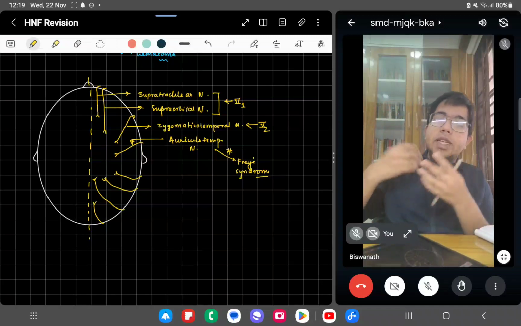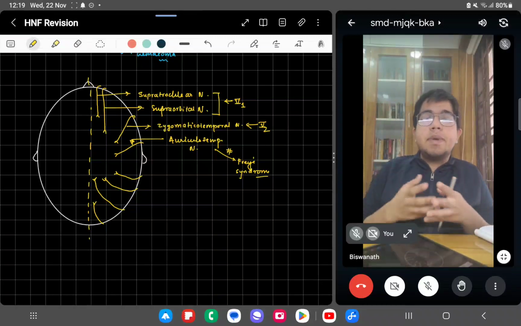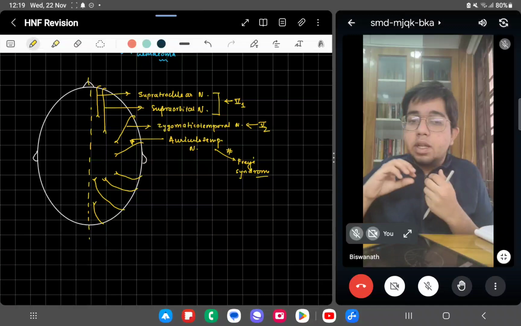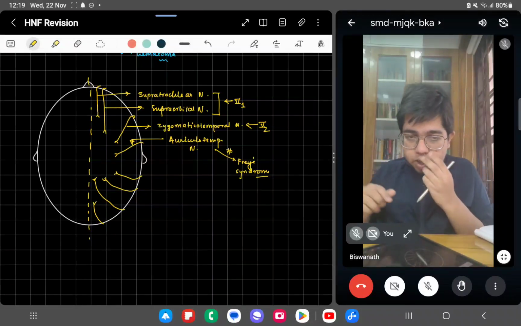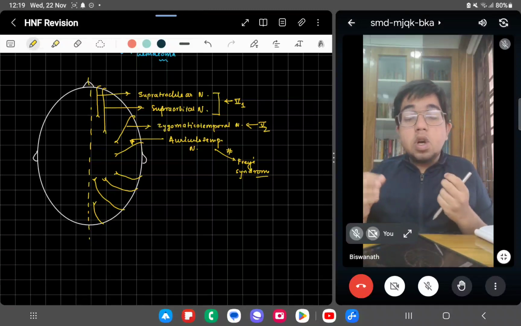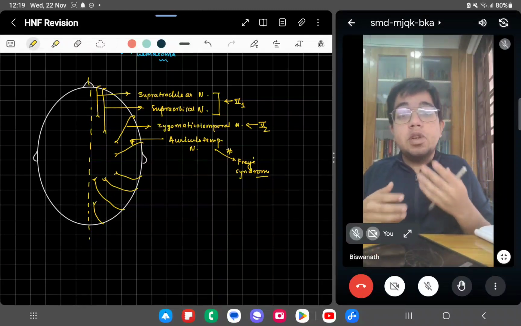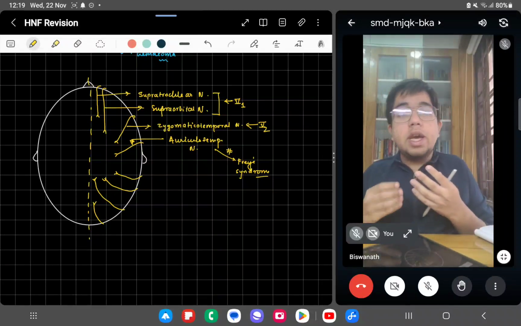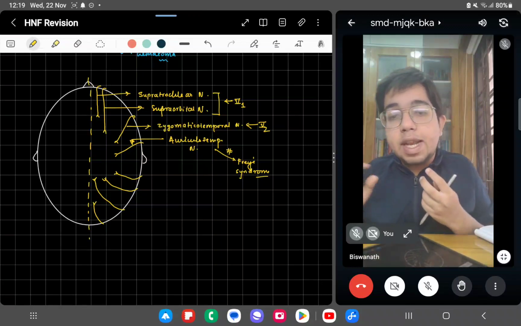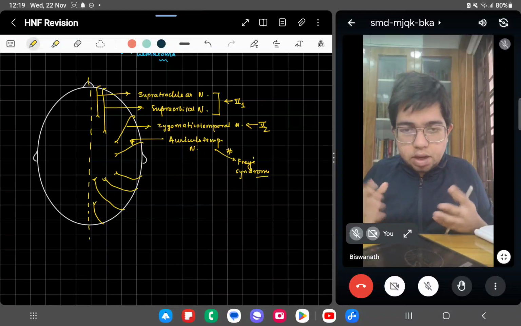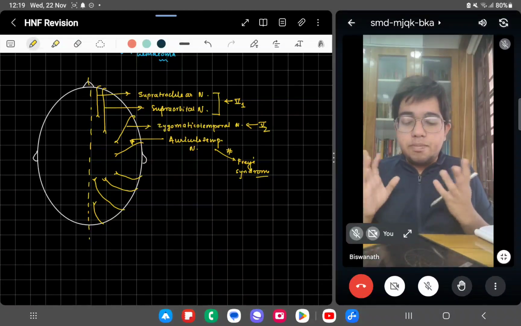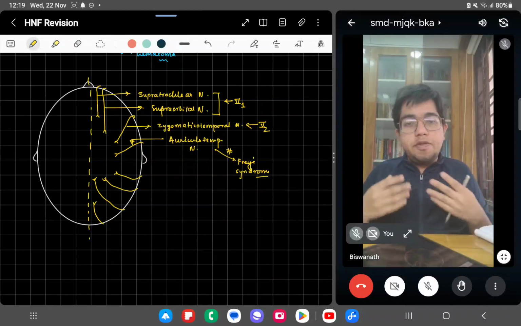So when they start regenerating, sometimes the fibers may grow mistakenly into the fibers for sweating, into a salivary fiber. So if there is any salivary stimuli, the patient will start sweating. Understood? So this is your Frey syndrome.